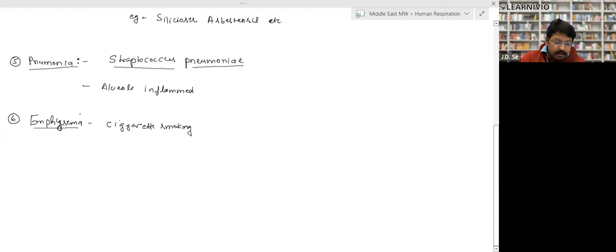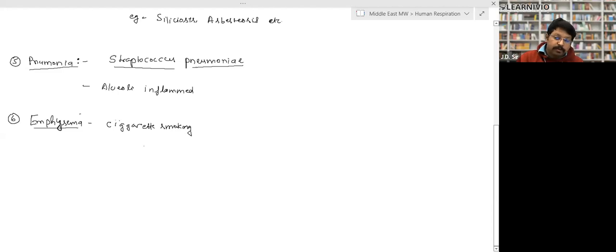Cigarette smoking and inhalation of other smoke or toxic substances over a period damage the alveolar wall. Full stop.